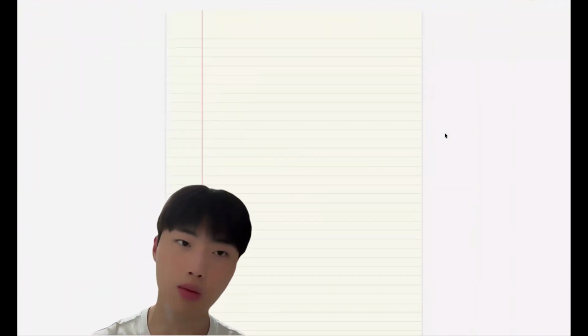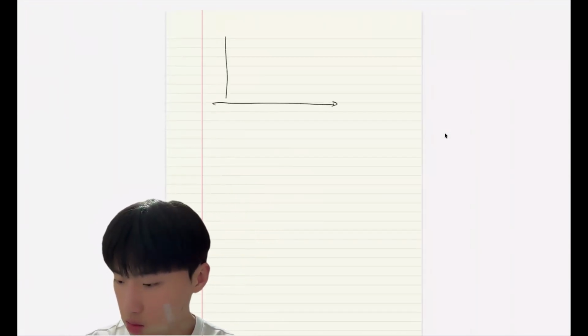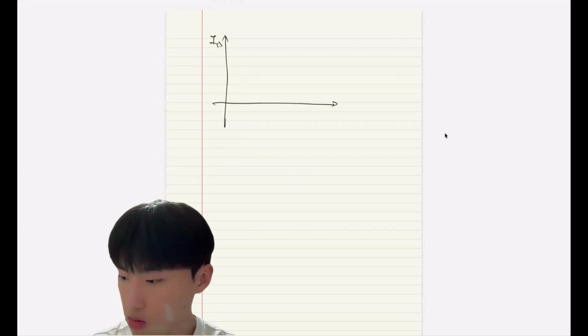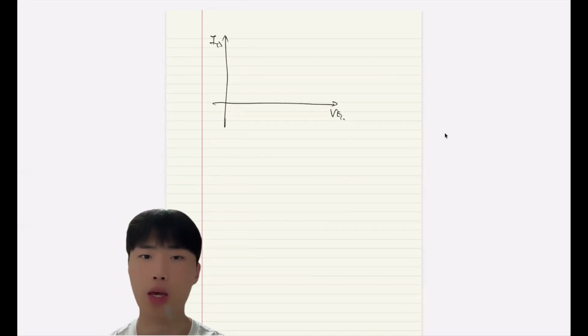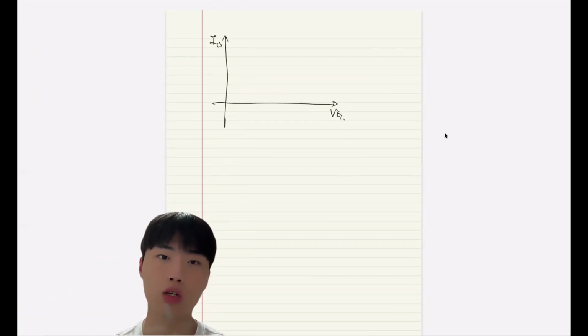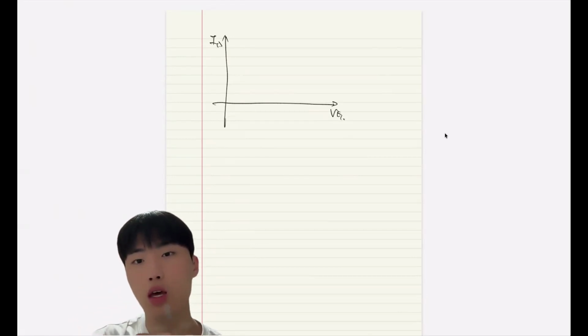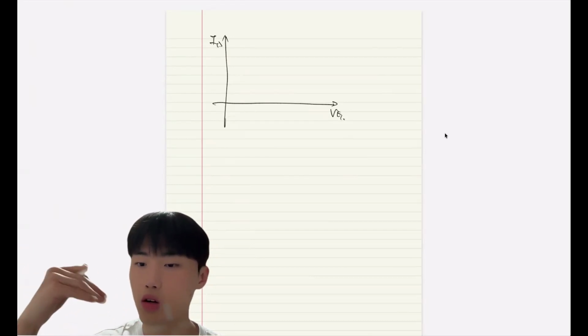And next, we will talk about the ID-VG curve. So when we increase the VG, there is no current flowing, but if the gate bias is bigger than the threshold voltage, there will be a channel, and then there is a sufficient condition for the current flowing.